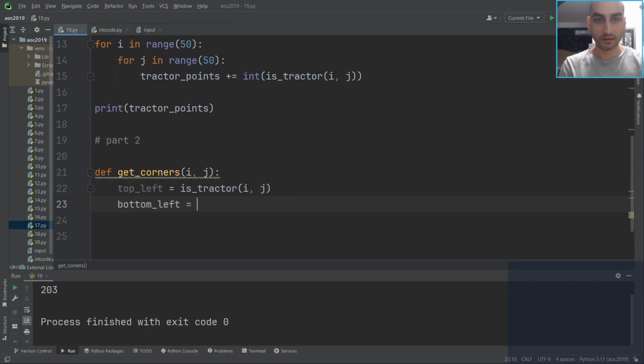Bottom left equals this. Plus, so square size equals 100. So this will work for the example if we tweak this one.